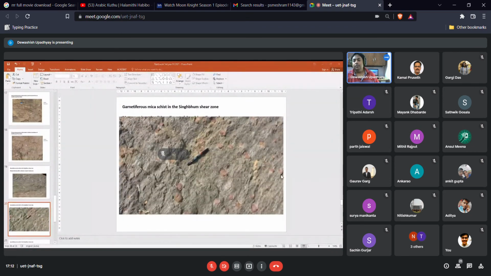It's a close up of the same rock. Now, can you see the garnet crystals, the reddish brown ones, and big?